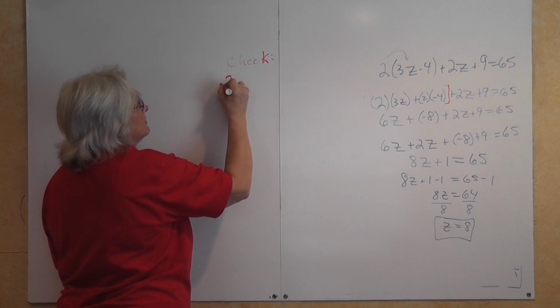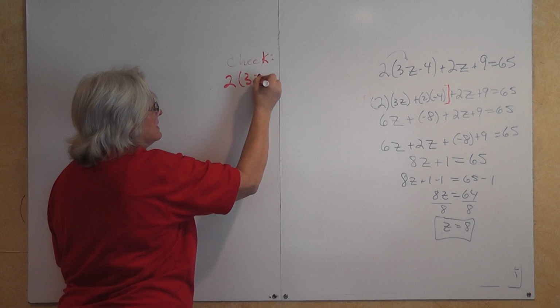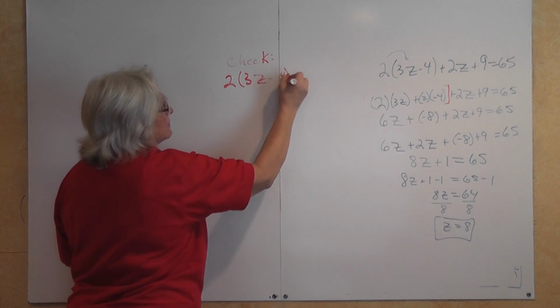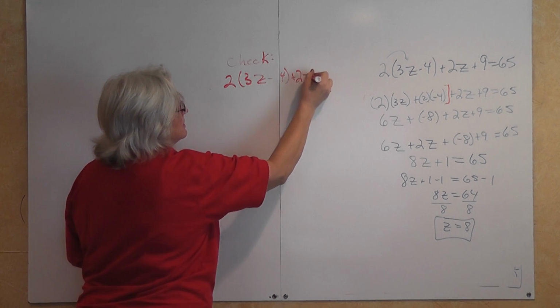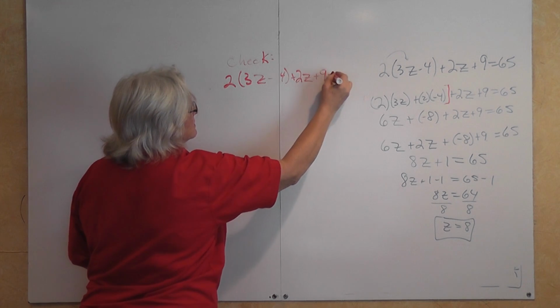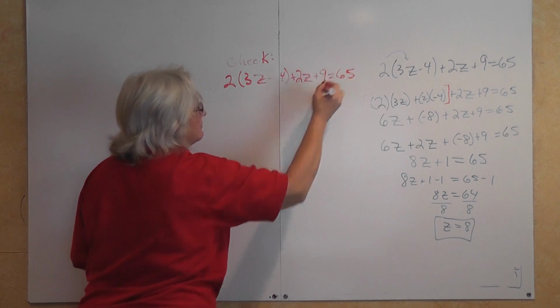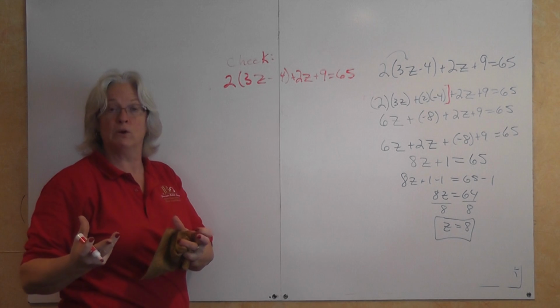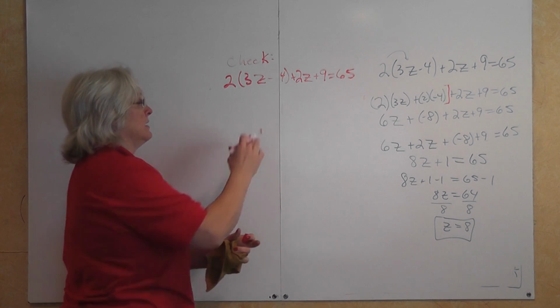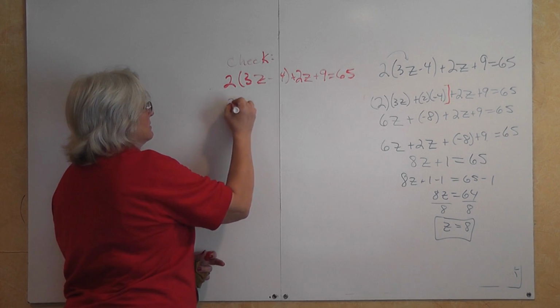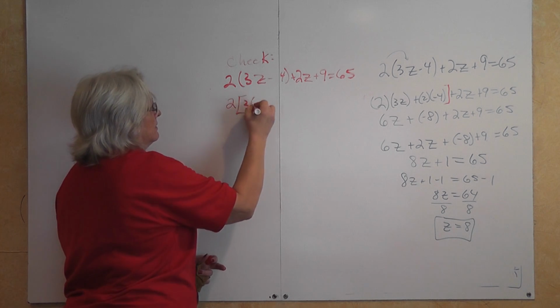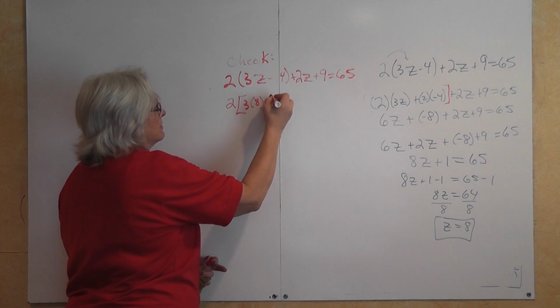My problem, 2 times 3z minus 4 plus 2z plus 9 is equal to 65. I want to take that value where we see that z is equal to 8. Every place there's a z, I'm going to substitute in that value of 8.